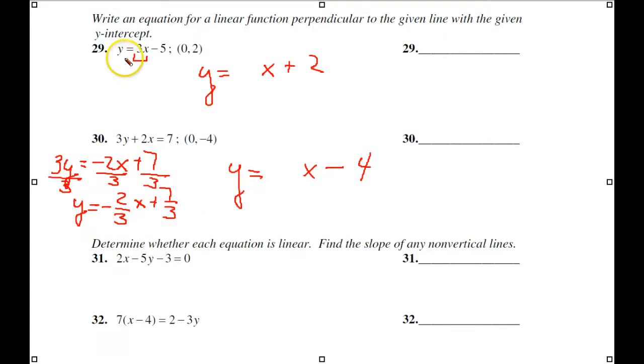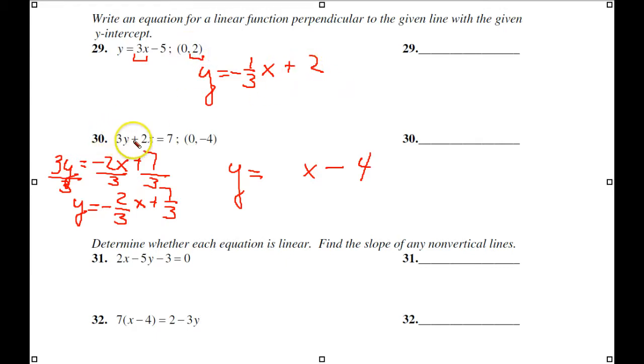So for these, again, we want to identify the slope. It's in formula 2 form. So 3 is our slope. So what would be the negative reciprocal of that? Negative 1/3 x, and then there's our y-intercept.